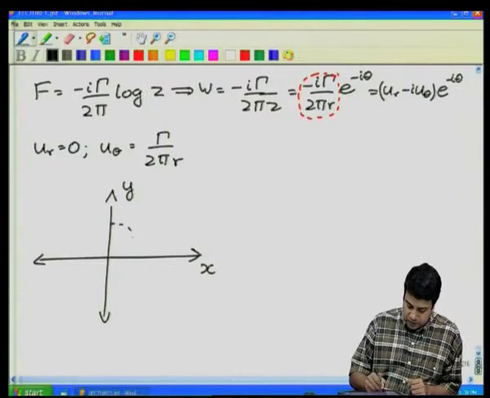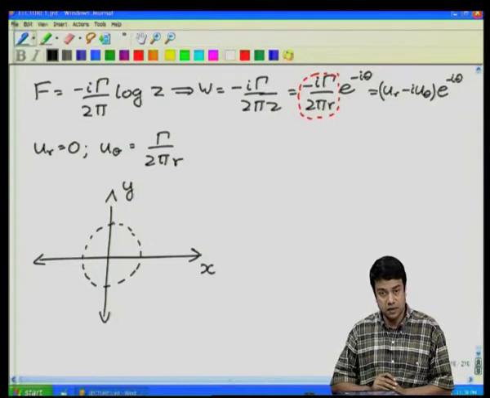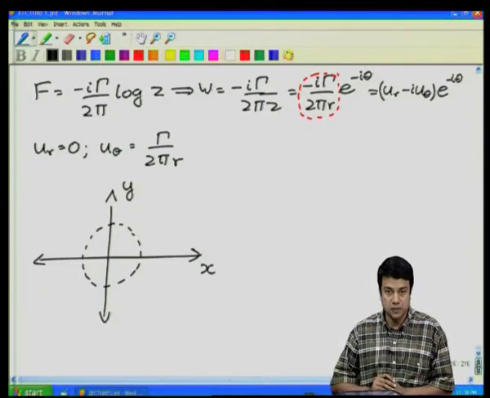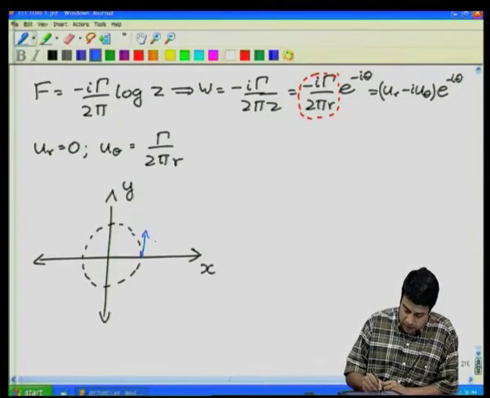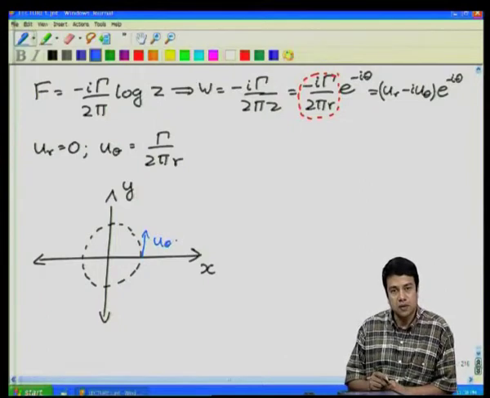So, therefore, along any particular circle over here, u r is equal to 0, there is no radial component of the velocity, u theta is equal to gamma by 2 pi r. Note that u theta is defined to be positive in the anticlockwise direction, in the direction of increasing theta.